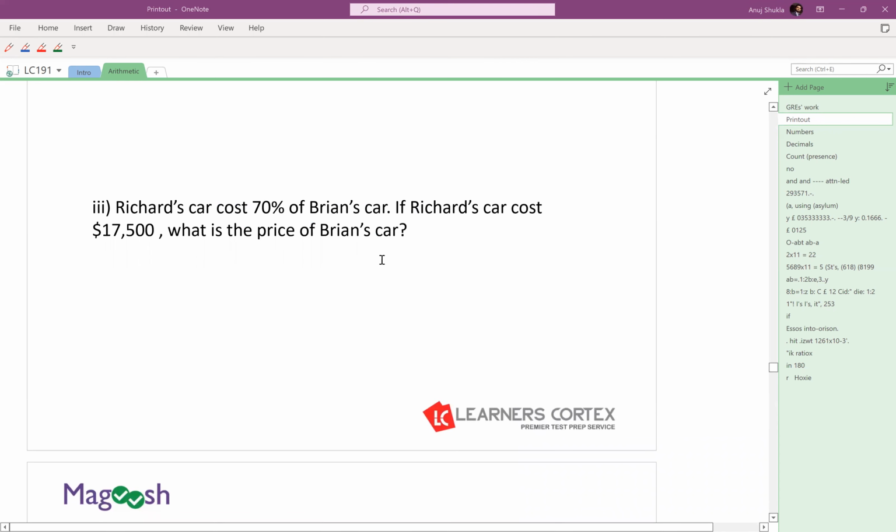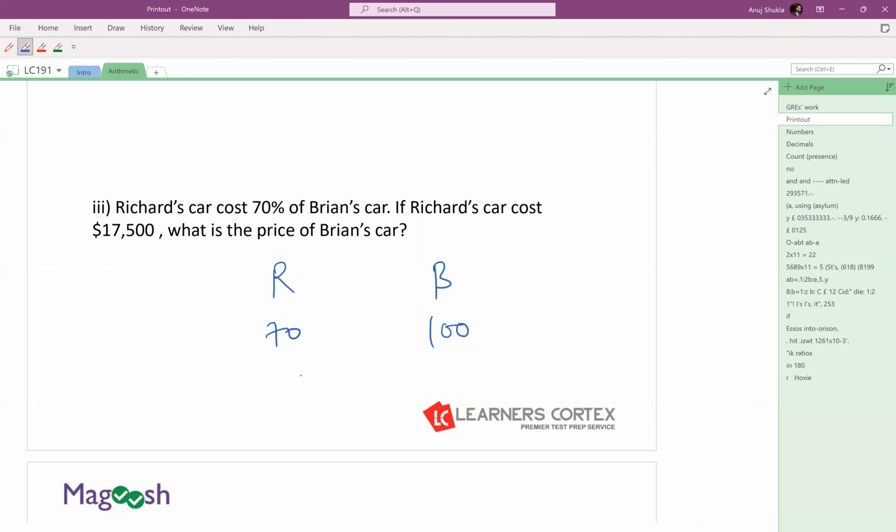Richard's car costs 70% of Brian's car. Means if Brian's car is 100, then Richard's car costs 70. Okay. If Richard's car costs $17,500, it means 70 parts, where the total is 100 parts.